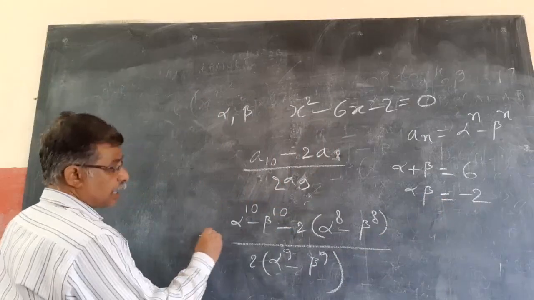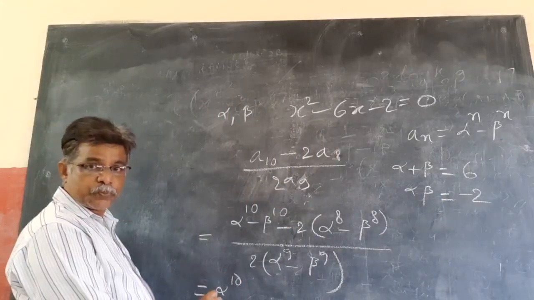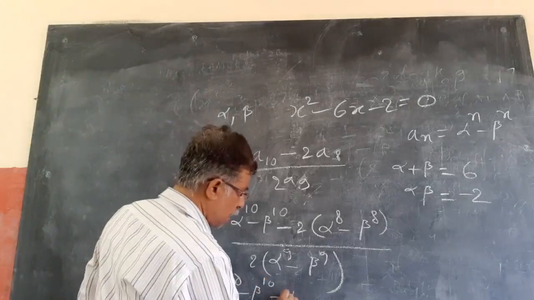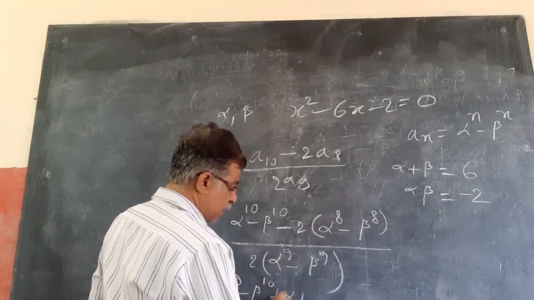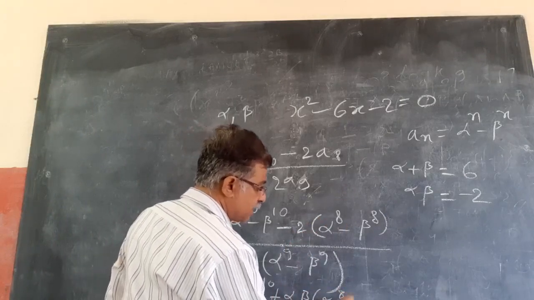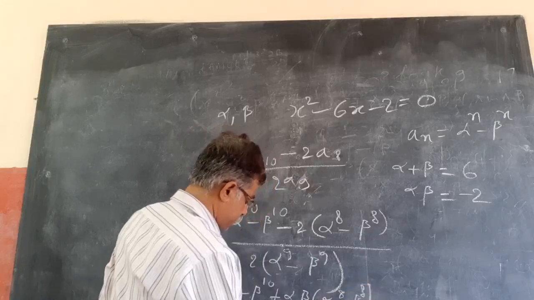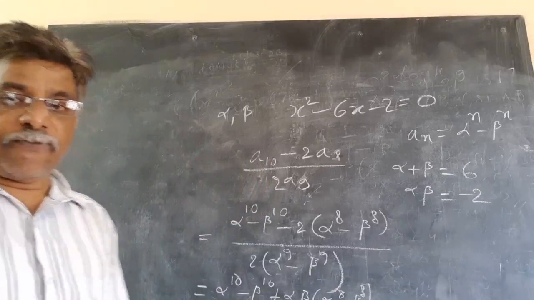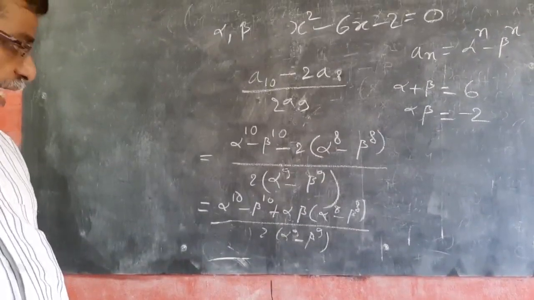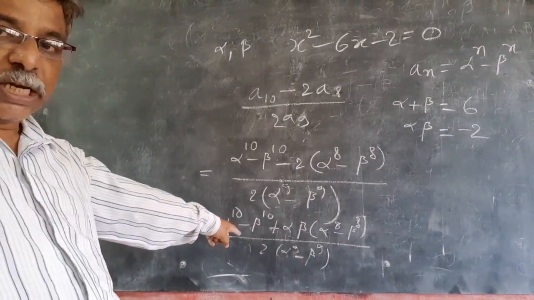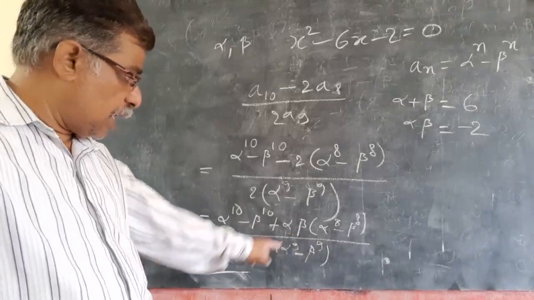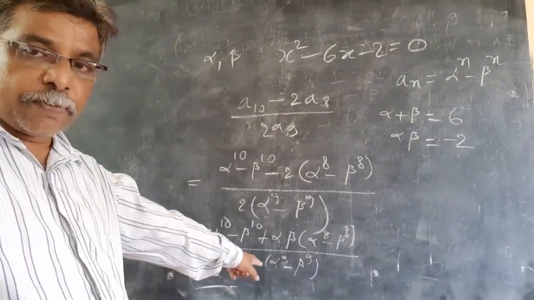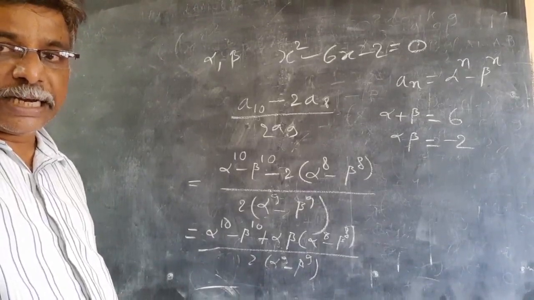Now the equation I will write as alpha power 10 minus beta power 10, and instead of minus 2, I will write plus alpha beta into alpha power 8 minus beta power 8, by 2 into alpha power 9 minus beta power 9, the denominator as it is.